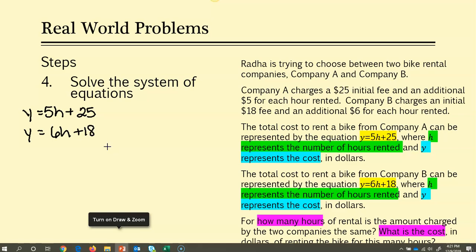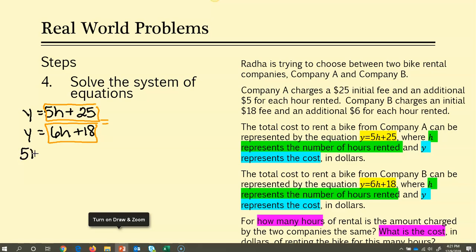So these are my 2 equations. I note that both start with y equals. Just like we did in our practice problem at the beginning today, I'm going to take the 2 expressions, since both equal y, and set them equal to each other. This is how I'm going to solve my system.